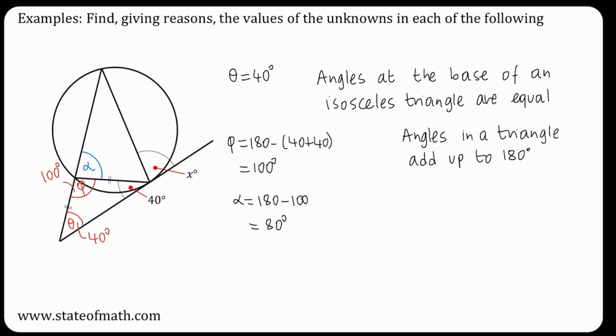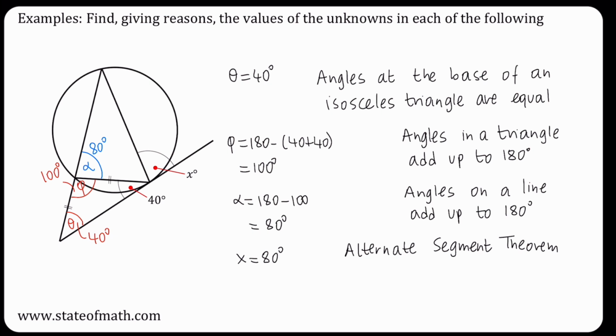And the reason is, of course, that angles on a line add up to 180 degrees. Then we can easily see that the angle x here is equal to the angle alpha, which we found to be 80 degrees, and the reason is the alternate segment theorem. So we simply need to state that x is 80 degrees, and the reason given is the alternate segment theorem.